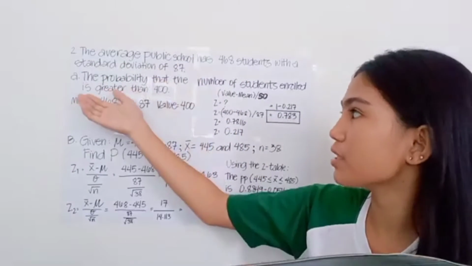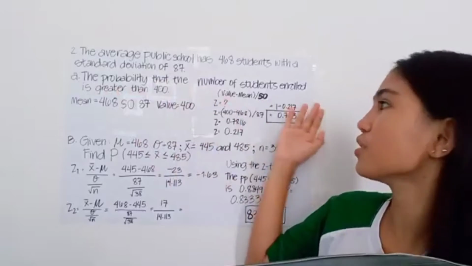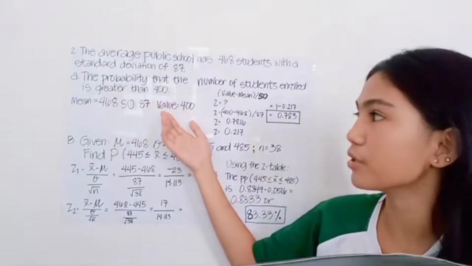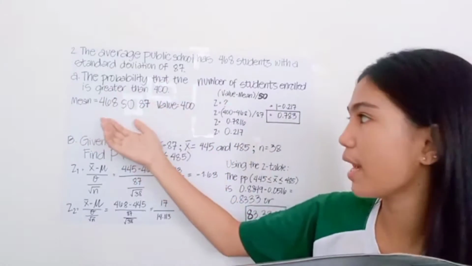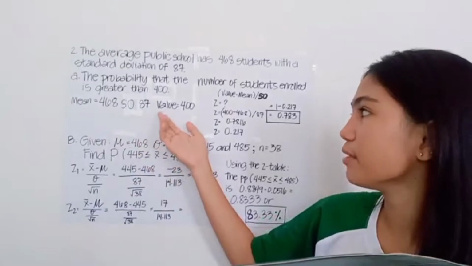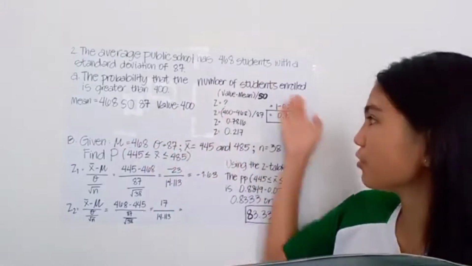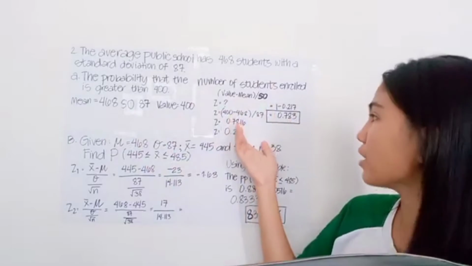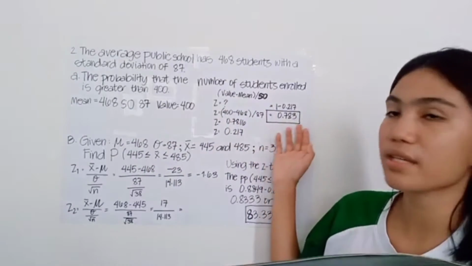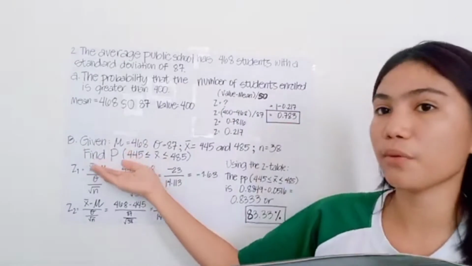And the A is the probability that the number of students enrolled is greater than 400. So the mean is 468, standard deviation is 87, value is 400. So we have to solve this one to get the answer, and the answer would be 0.783. So for the B, we have the given.